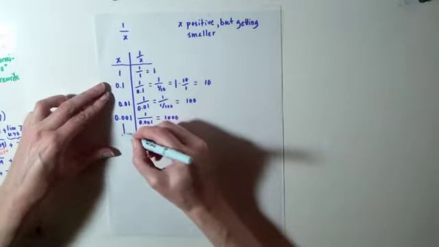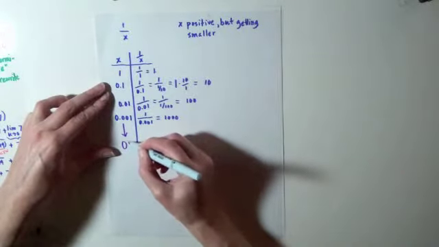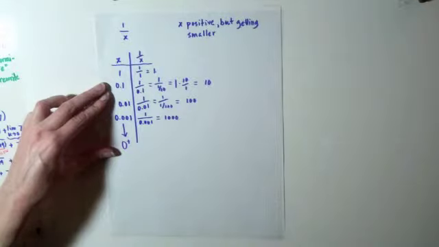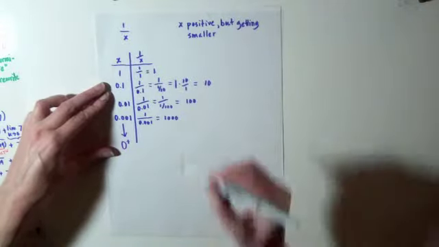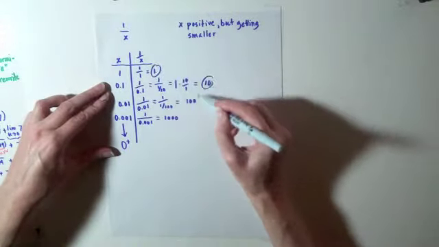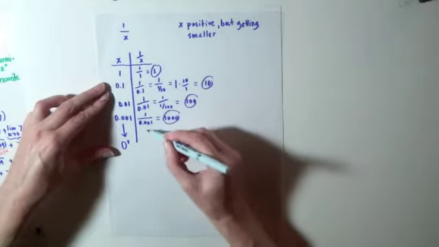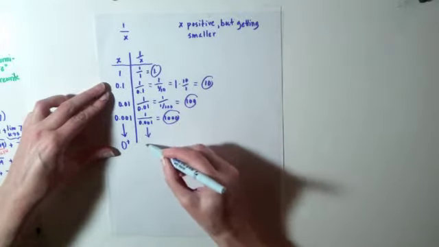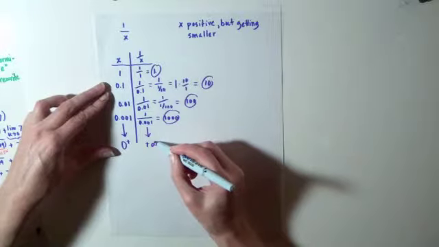So as this gets closer and closer to 0 through positive values, through values that are a little bit larger than 0, notice that the outputs are getting larger and larger. The outputs are actually going towards positive infinity.